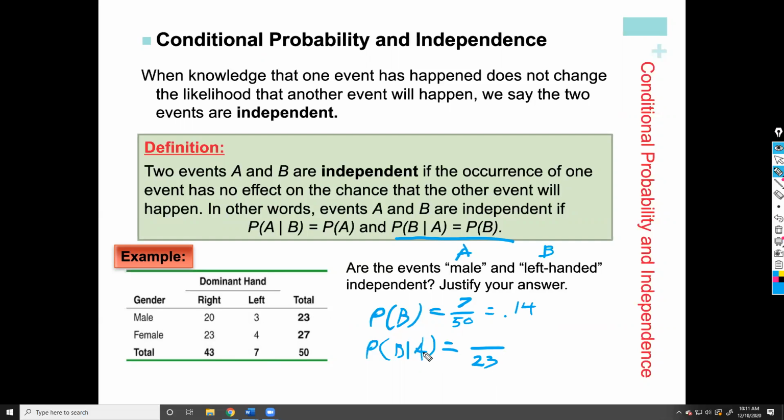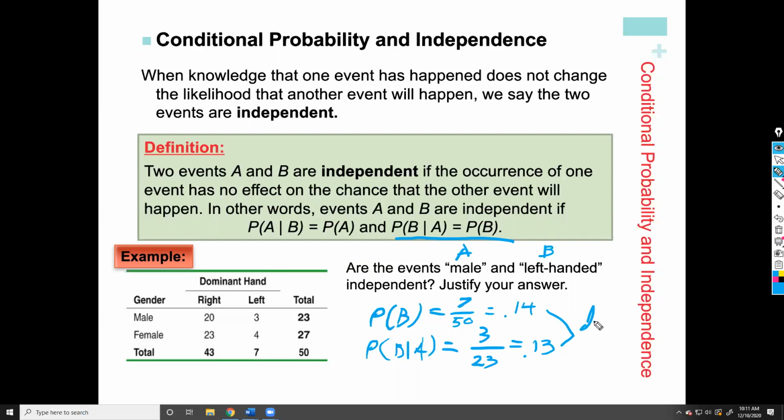So if I tell you the person is male, what's the probability that they're left-handed? Well, 3 of them are. So we have 3 of these out of 23. And that's about 0.13.